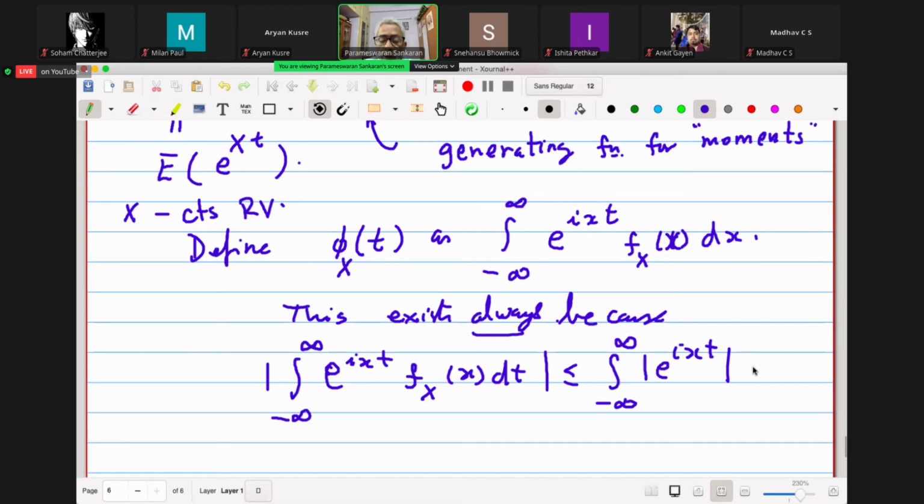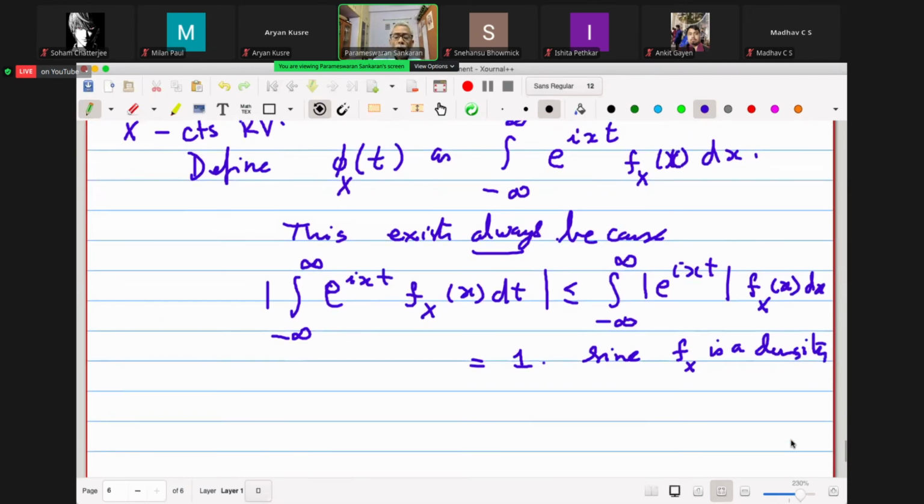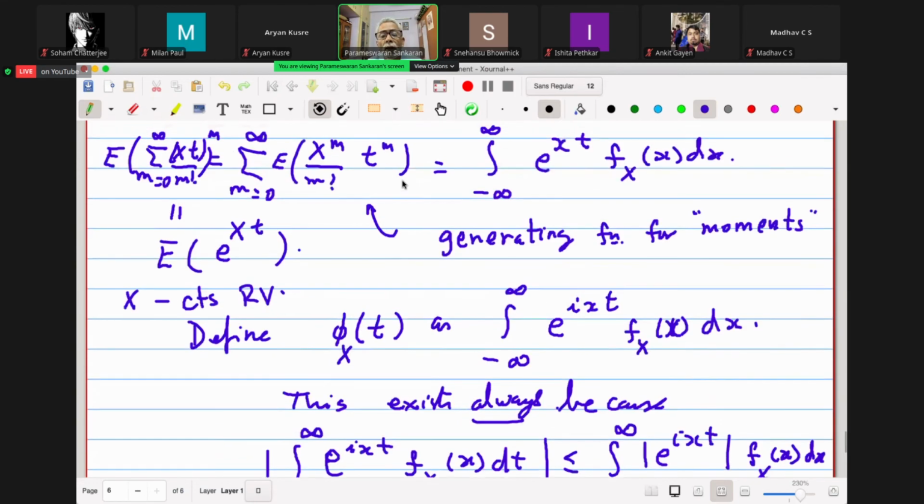And this whole integration gives me 1, since f is a density. So without the i, it may or may not exist, and there are all kinds of convergence problems. The moment you put i there, it always exists.